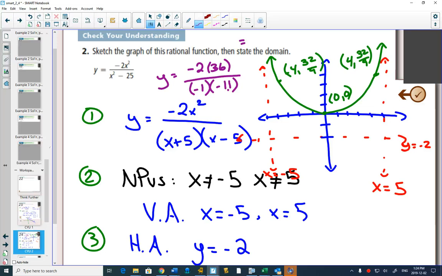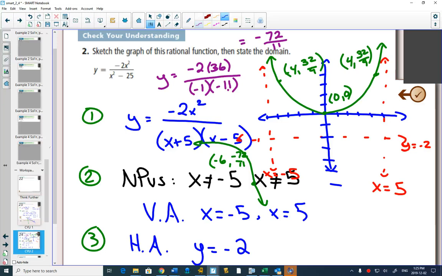Can you see that with the 3 negatives that we know my fraction is going to be negative? 2 times 36 is 72. 1 times 11 is 11. Estimate where that would be. -6, -72 over 11. And since it's here, this part of our graph has to go towards the asymptotes in those situations.